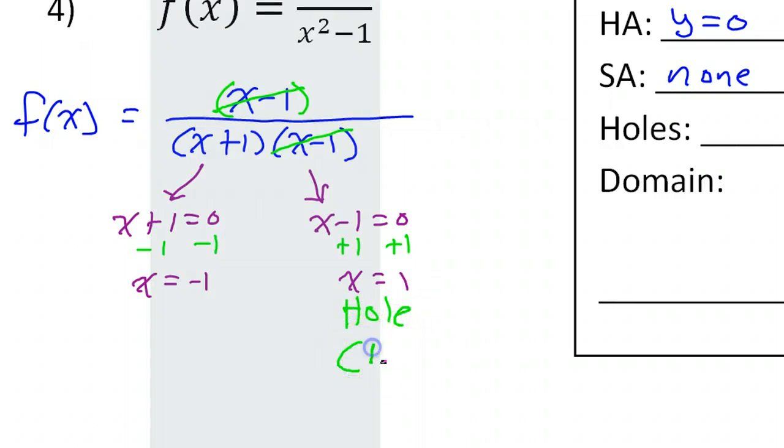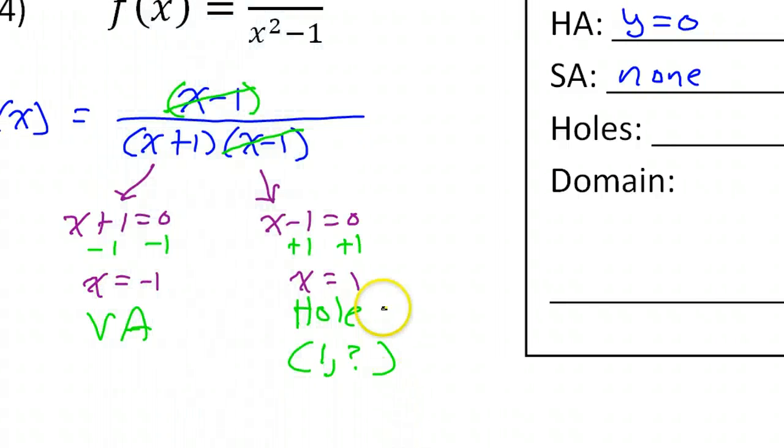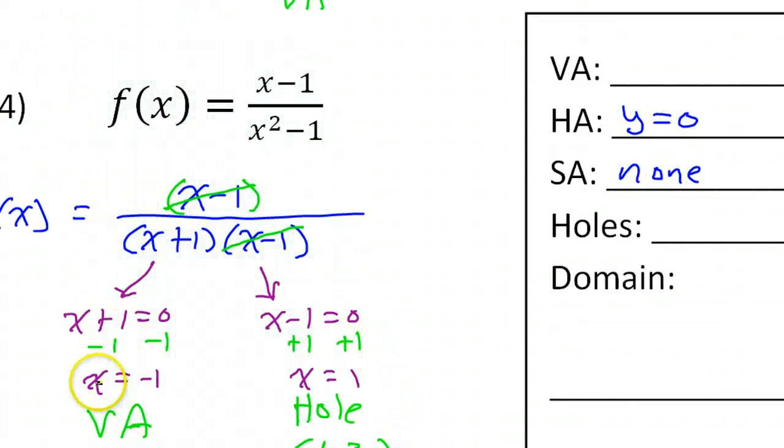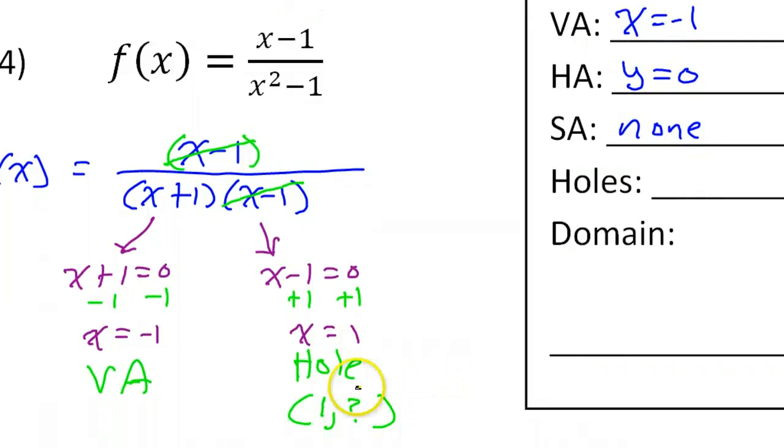There will be a hole at 1 comma something. But this over here that didn't get canceled out, this is a vertical asymptote. Okay, so I have a vertical asymptote at x equals negative 1. I have a hole at 1 comma something.